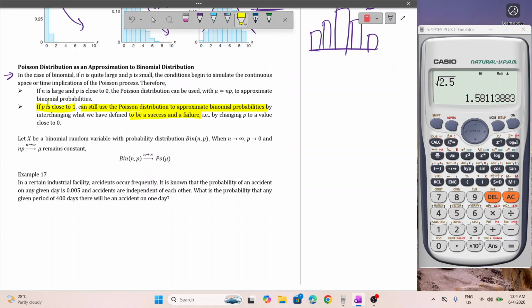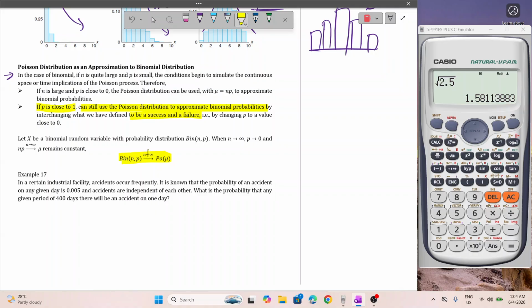So this is the approximation: binomial with n large and p small can be approximated by using the Poisson distribution.